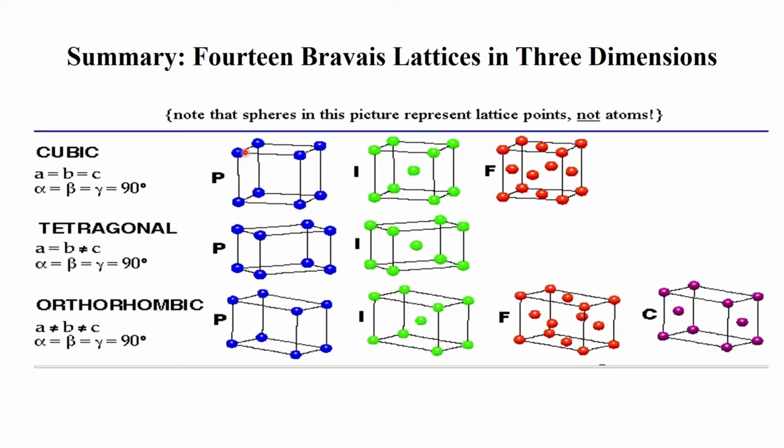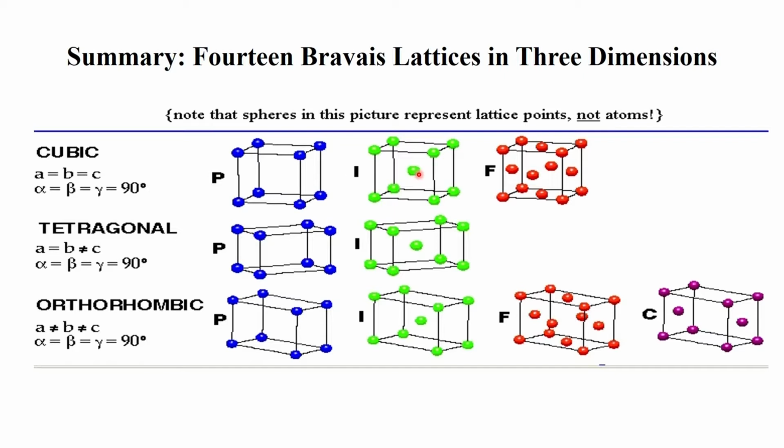So the lattice points therefore now represent the presence of a primitive lattice, because here now it is 3 dimensions. So each point will now represent 1/8. So the total number of these will be 1, 2, 3, 4, 5, 6, 7, 8 multiplied by 1/8. So that will make it 1. So the primitive lattice always has 1 lattice point.